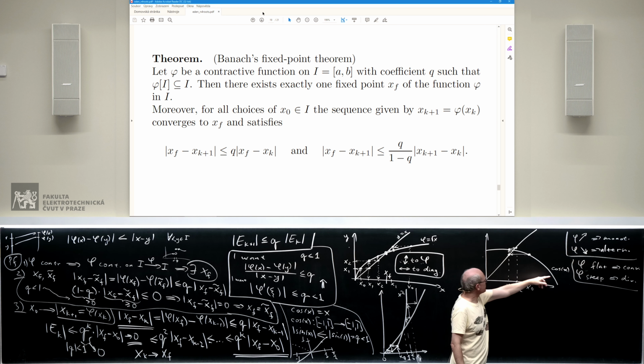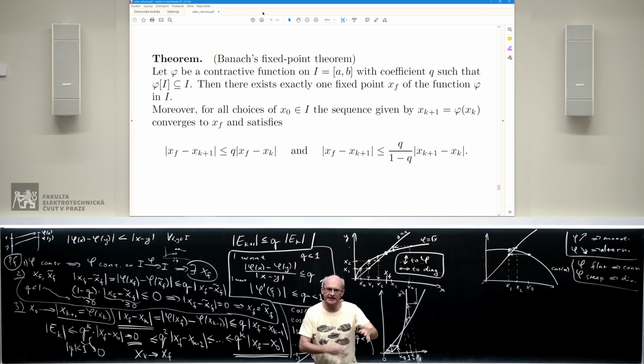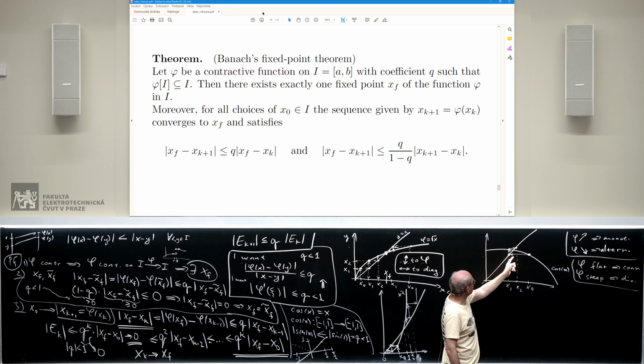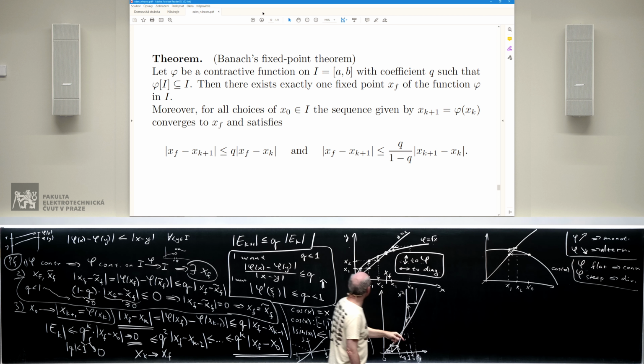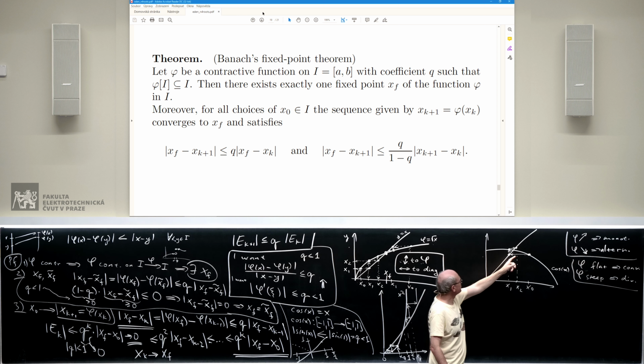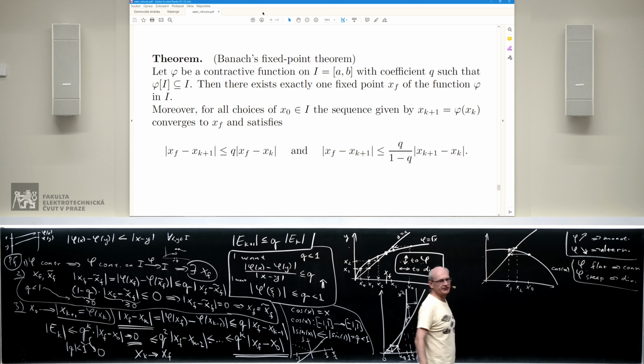So that was the case for cosine. We got this nice jumping left and right of our approximations. This is exactly what we saw in Maple when I was pretending to be a calculator. And you can see that graphically: instead of stairs, we have something like a spiral, which is winding inwards towards the fixed point.